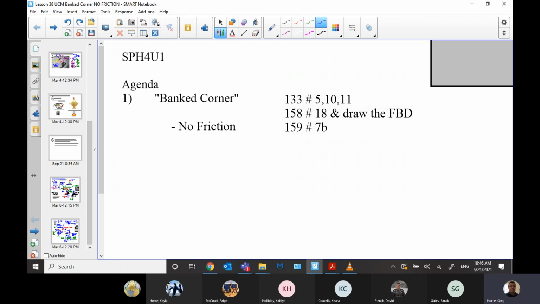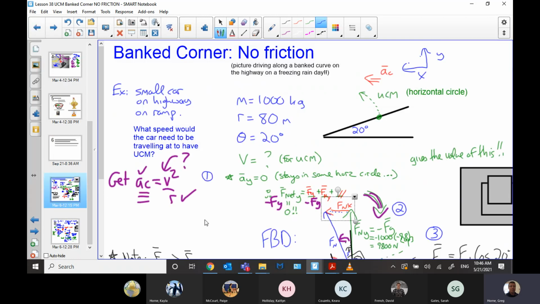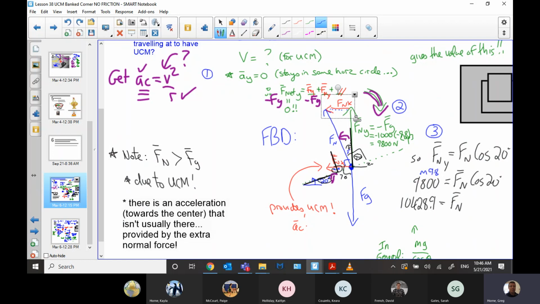Just as a quick rundown again, just remember you're looking at saying that the vertical forces are balanced, right? We're going to do that with the friction case too. The acceleration in the y direction is 0. But in the friction case, if there was friction here, for example, see how it's going to have a vertical component? So that's going to mess up this equation here. You're actually going to have F_f in the y direction there.